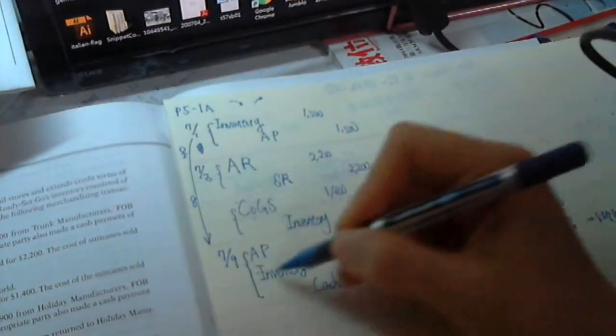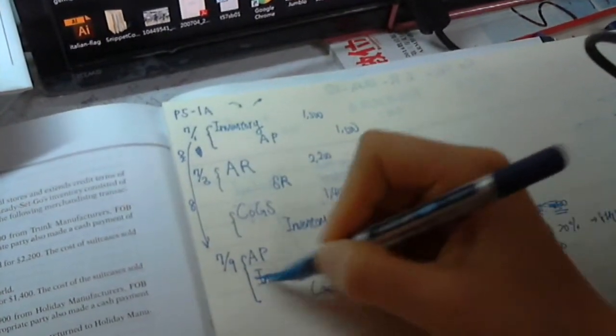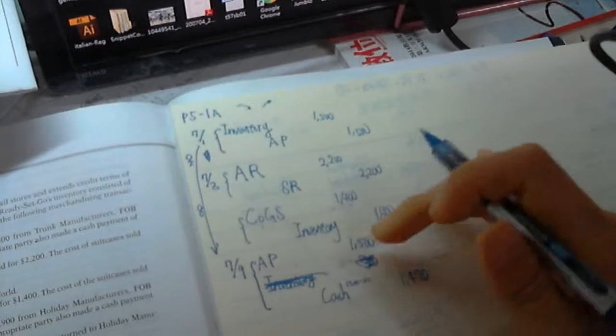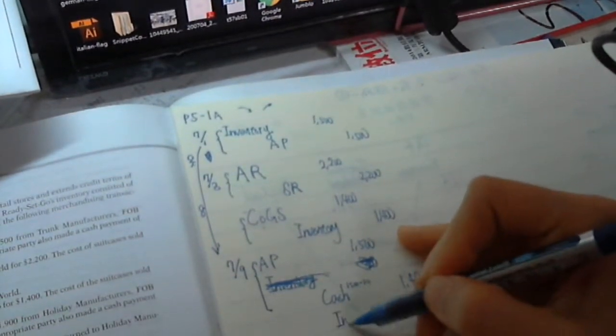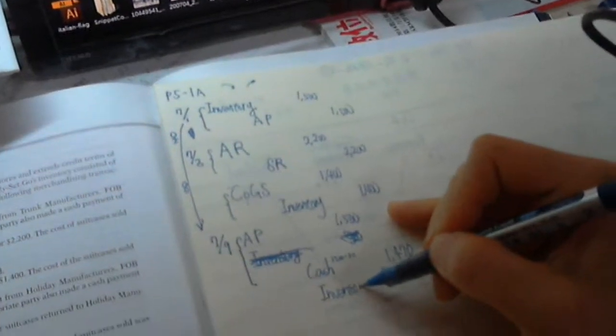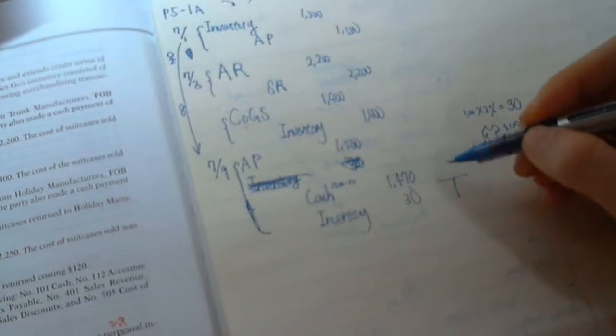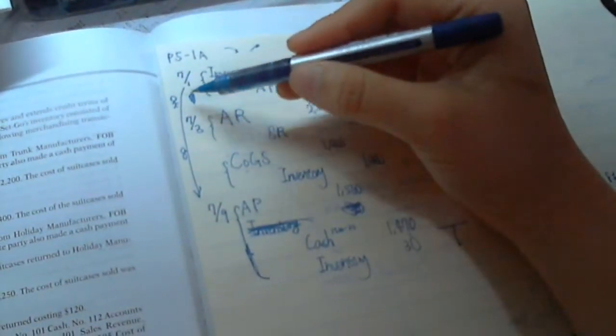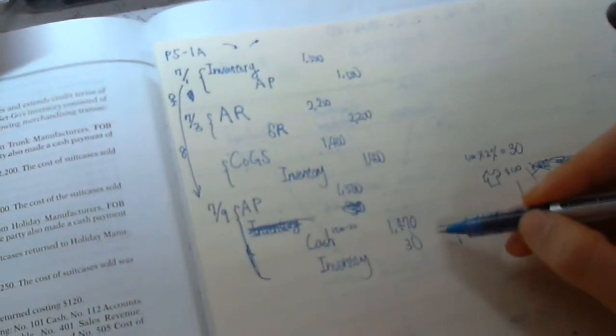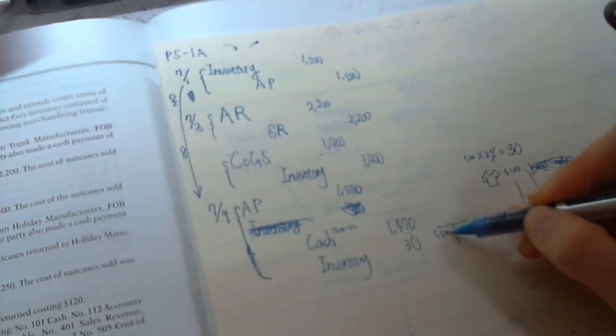Oh, sorry. This is on the right side, wrong side. See, the debit side is bigger, the credit side is smaller. So the inventory for $30. Okay. You can see we decrease the value of inventory because actually from the July 1st our inventory is worth 1,500, right?